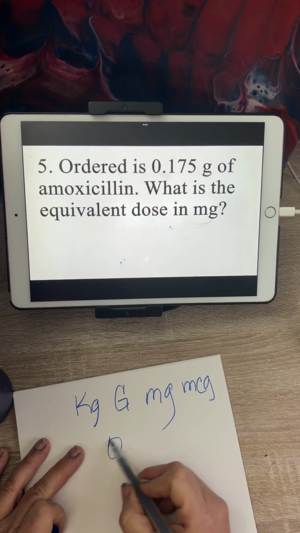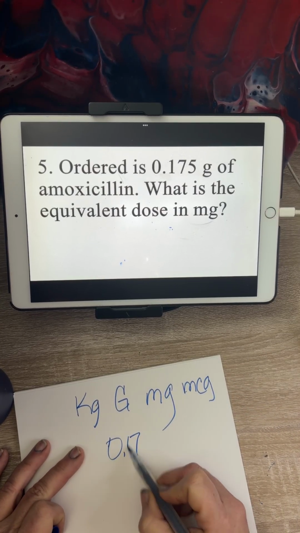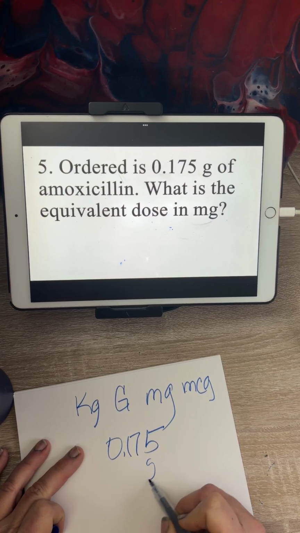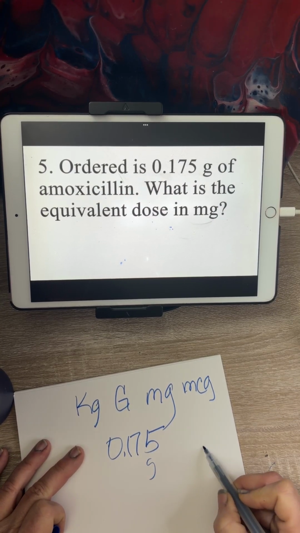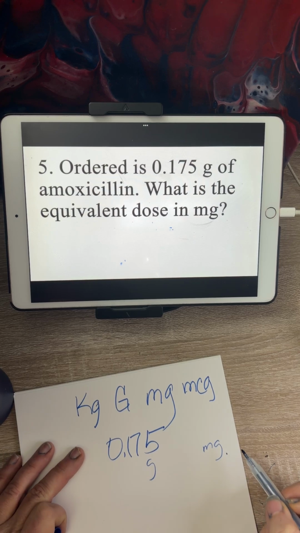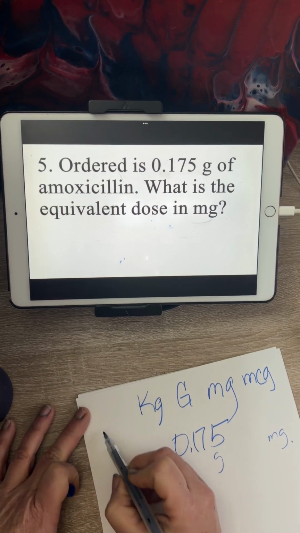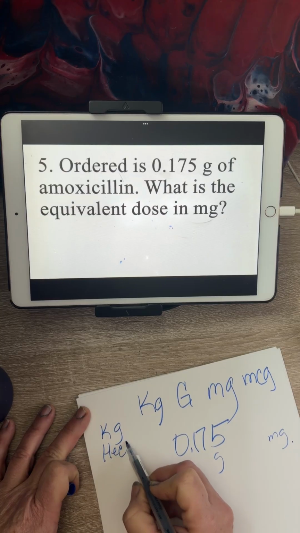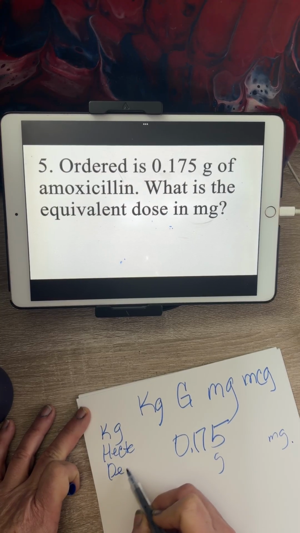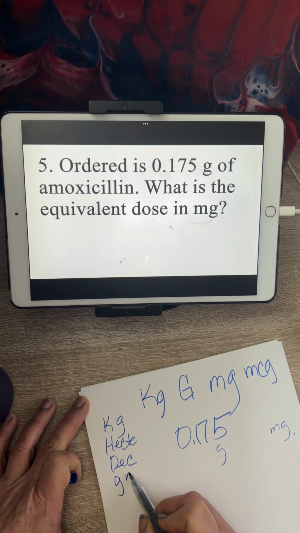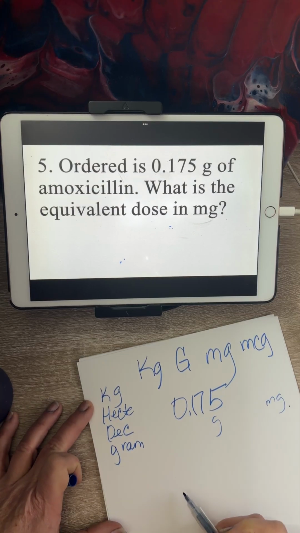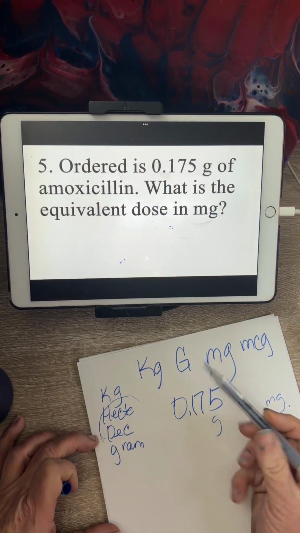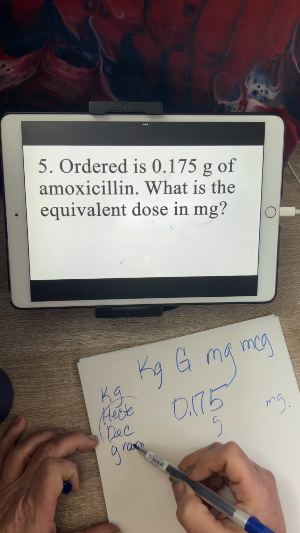And they say you have 0.175 grams, and they want to know milligrams. Let me put this. You have kilograms, hectograms, decagrams, and then grams. We don't deal in life in heckas and decas, and we don't make y'all learn that.